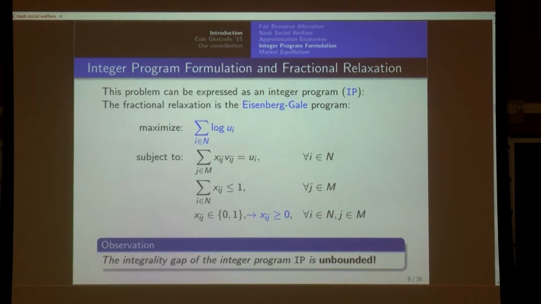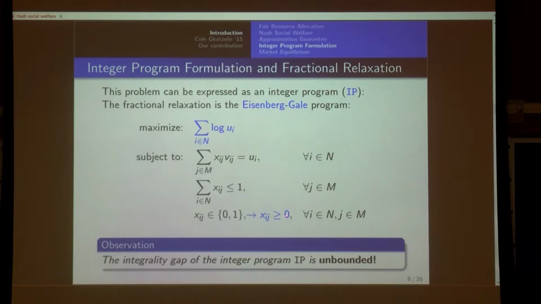It doesn't matter, any monotone transformation preserves the optimality. So I want to maximize this sum of logs of the utilities, and this is just saying each item can be allocated to at most one agent, and this is just capturing the utilities of the agents. And it's an integer program because these are indivisible items, so an item is either allocated to an agent or not.